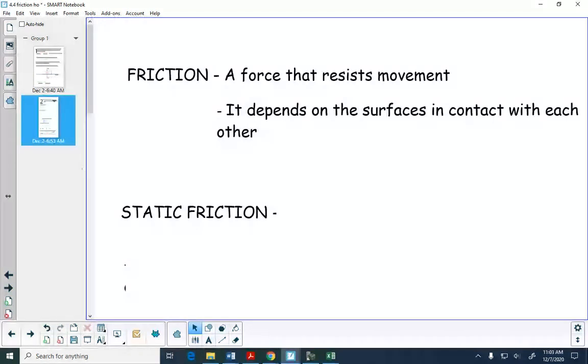Friction is what stops our car. Our brakes are the ones that stop the wheels on our car. The brakes stop the wheels from moving. The friction between the car tires and the road is what makes the car stop. So if we take a look, we have our car here.